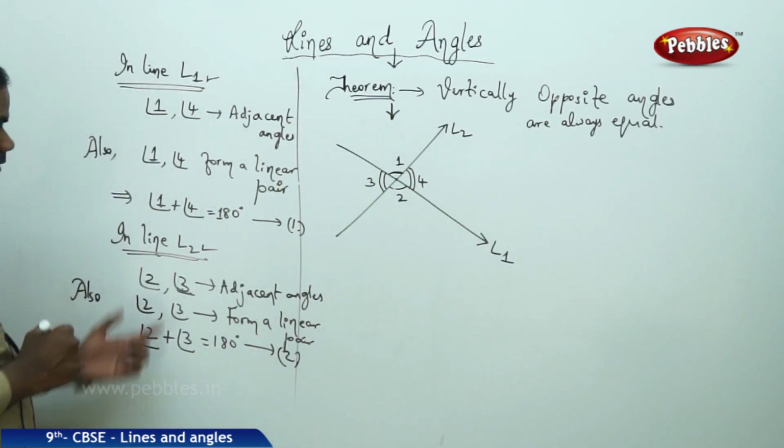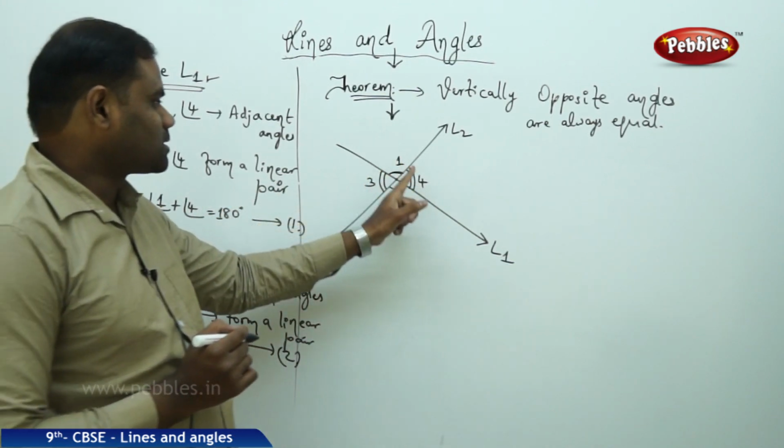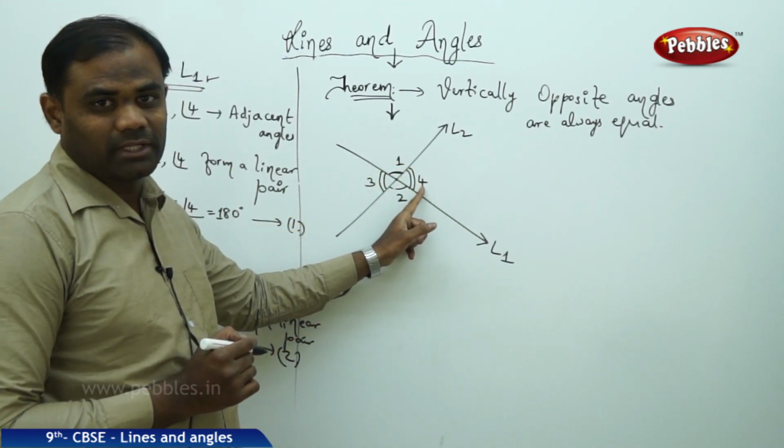Now, as we see with the first property, angle 1 plus angle 4 is equal to 180.